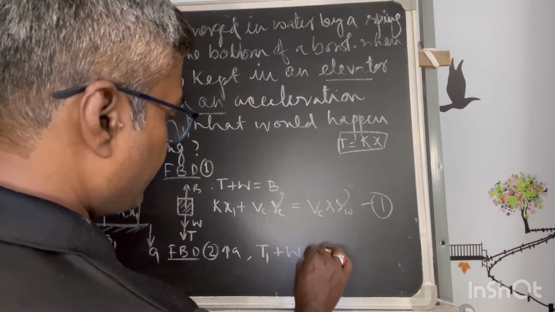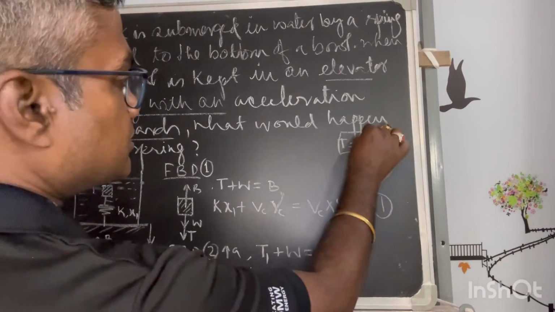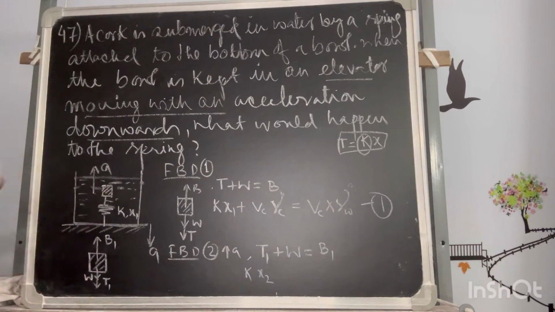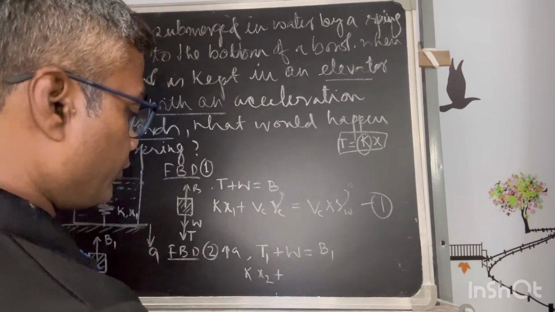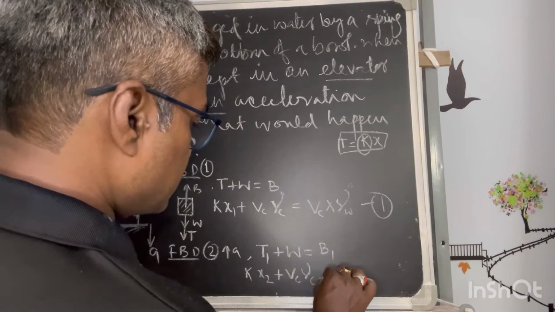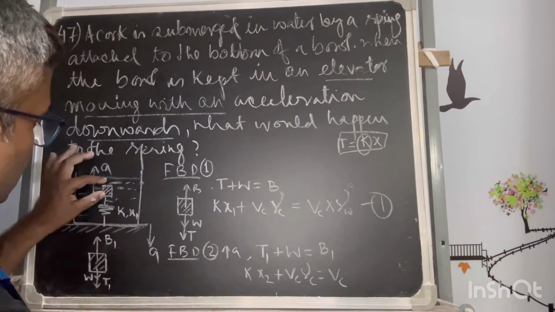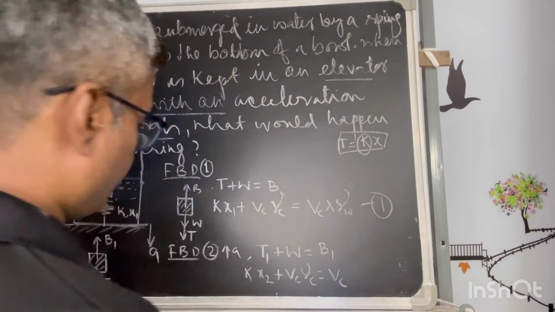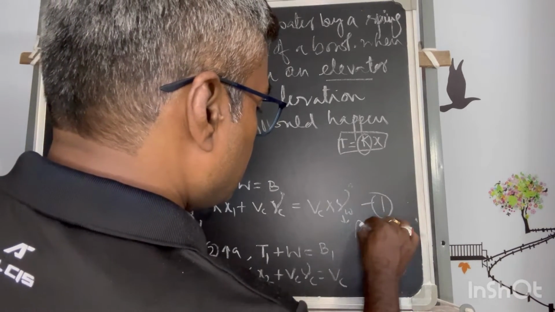The weight will be the same, and the buoyant force will be different. Now T is equal to K times the deflection; the spring constant is constant, so it will not change. Let's say this is the deflection in the spring, whether it's more or less I will decide later. The weight is equal to the volume of the cork times its density, not changing. For buoyancy, the volume of the cork is not changing, so it displaces the same amount of water, and the buoyant force here has the term rho into g.